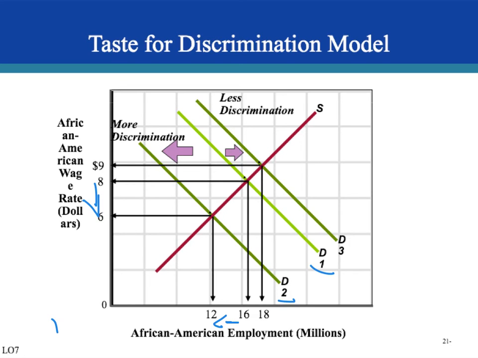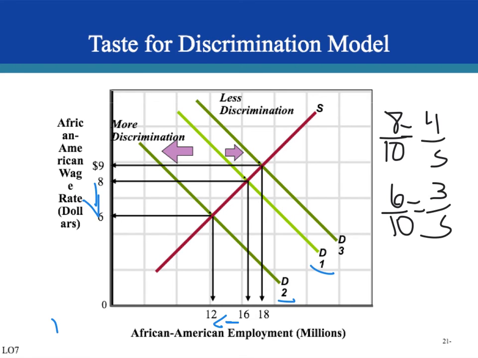So if the original African American to white wage ratio at D1 is that African Americans got paid $8 and whites got paid $10, the ratio is 4/5, but with discrimination, the ratio is reduced further.